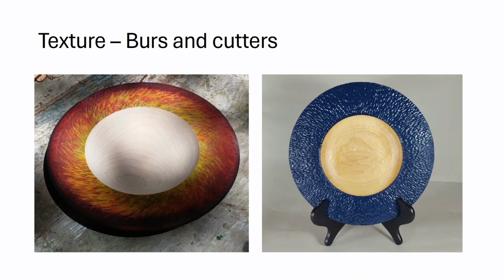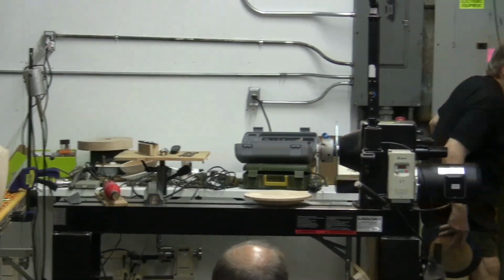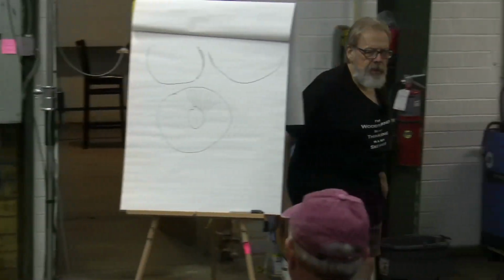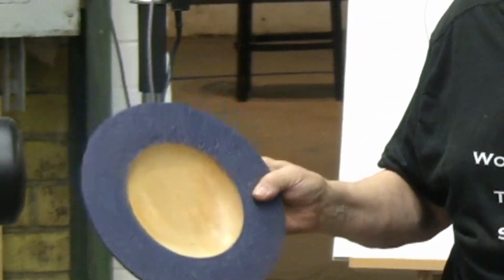So now, let me talk a little bit about burrs and some cutters for doing texture. I'm going to use a couple of different cutter techniques today. This is just a scallop.